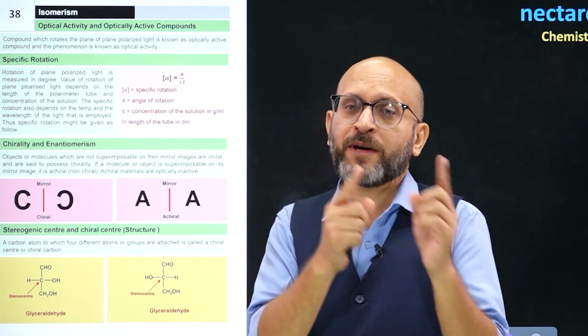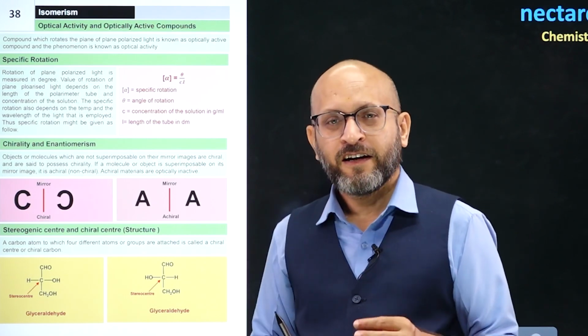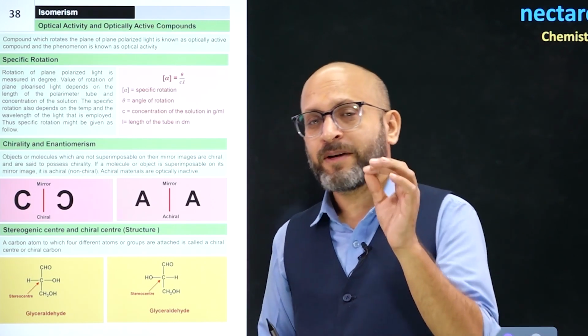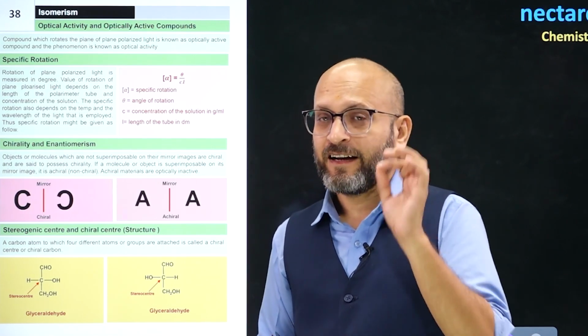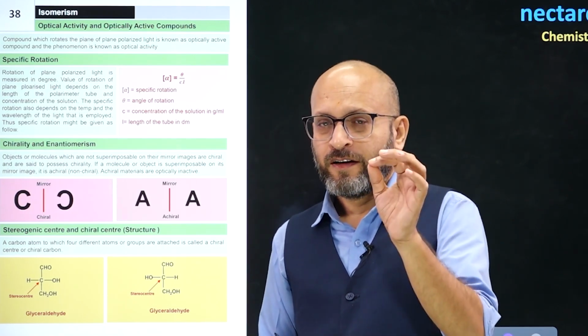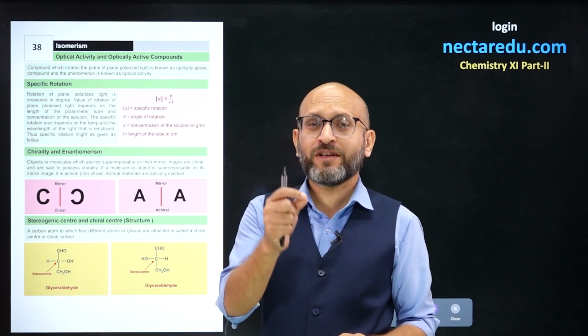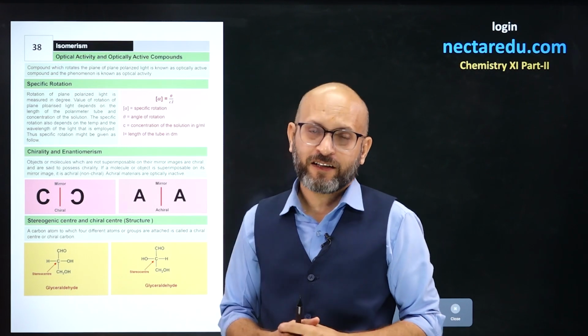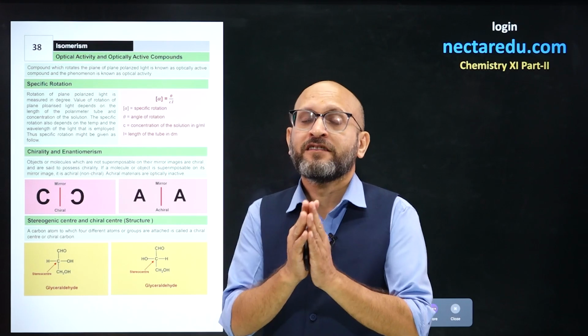If a molecule is symmetrical, it is optically inactive. In Greek, the word for unsymmetrical is chiral. So if a molecule is chiral, it is optically active. If a molecule is achiral, it is optically inactive. Chiral means not symmetrical; achiral means symmetrical.